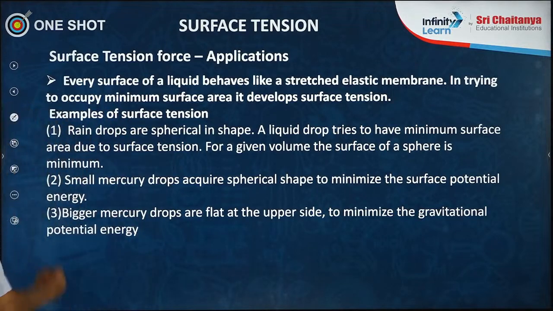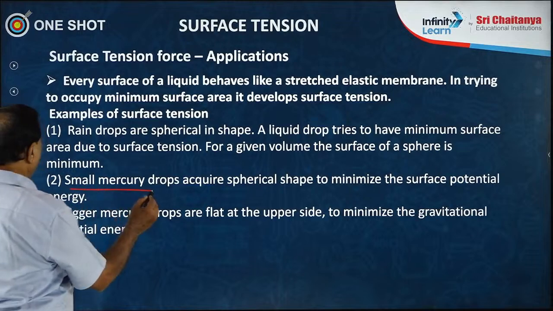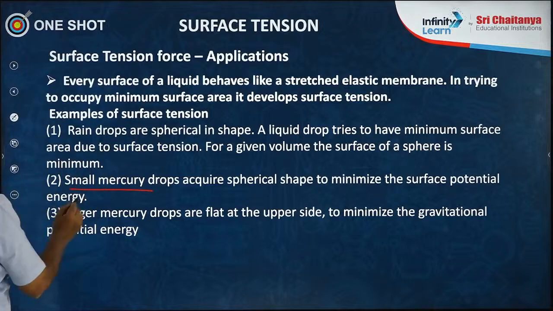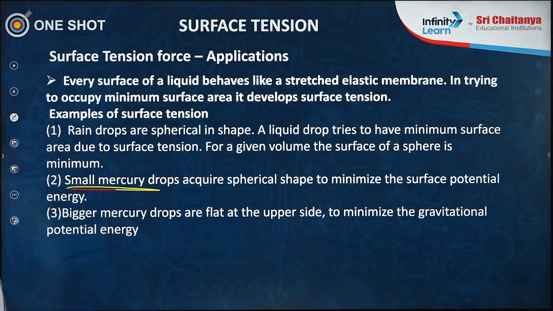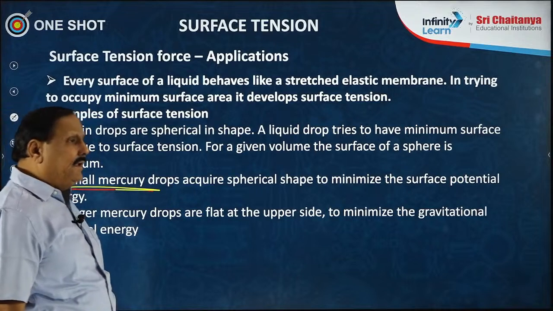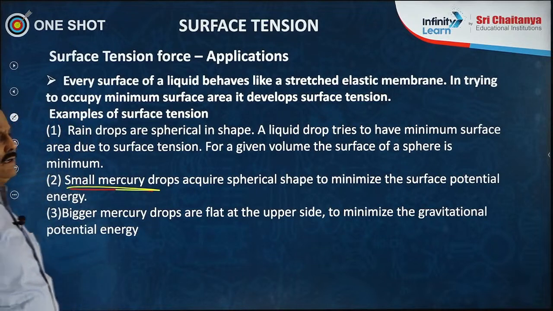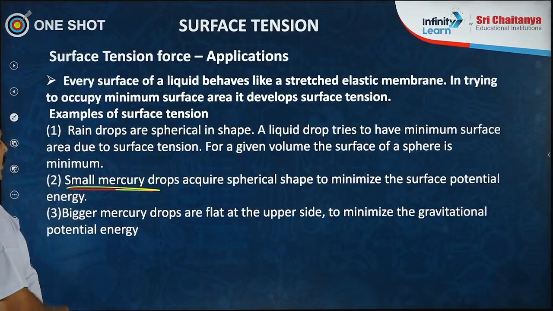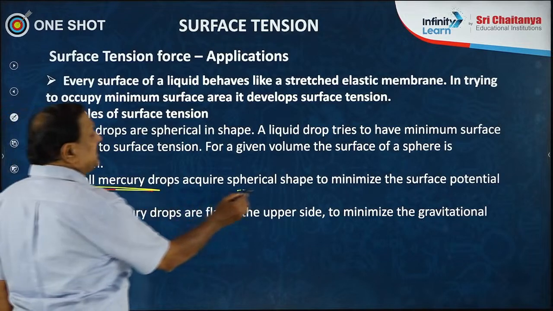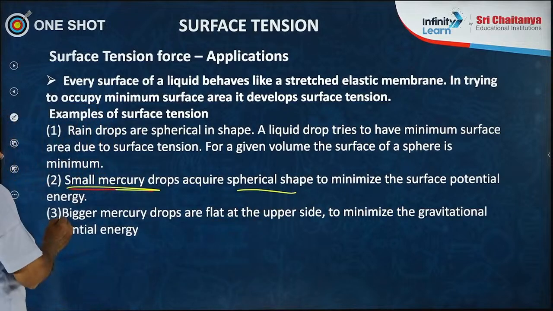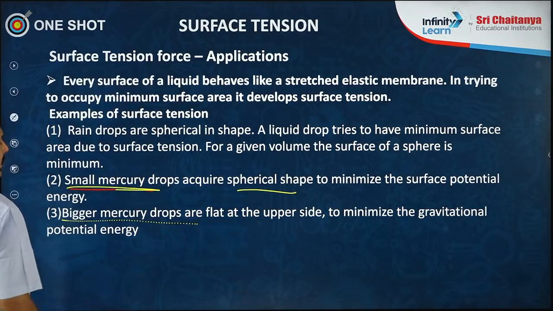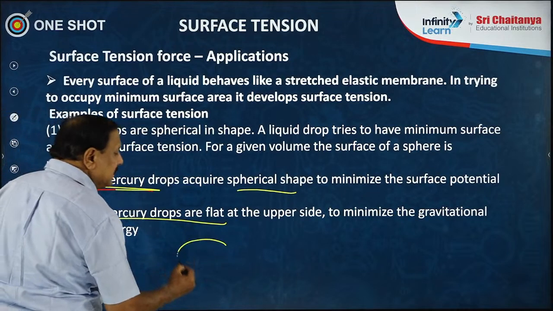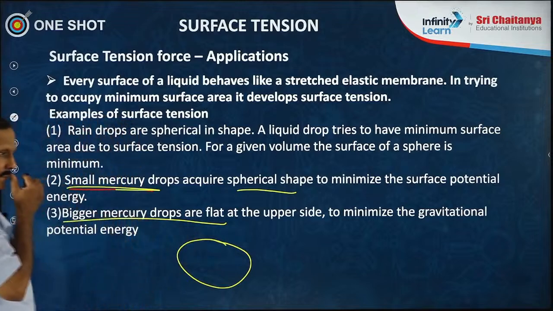So, in the case of a small mercury drop, the potential energy is because of its surface. To minimize that potential energy due to the surface of the liquid, small mercury drops take the spherical shape. Whereas a bigger mercury drop will not be spherical; it will take a shape like this.